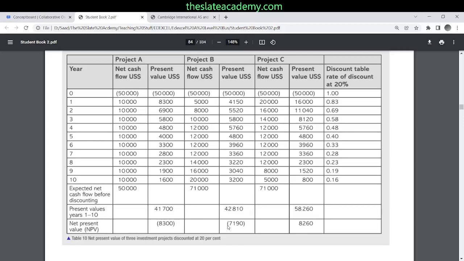But they did something. They subtracted present values from the initial investment, the initial outflow. That is the year 0 value, so that is also a present value.